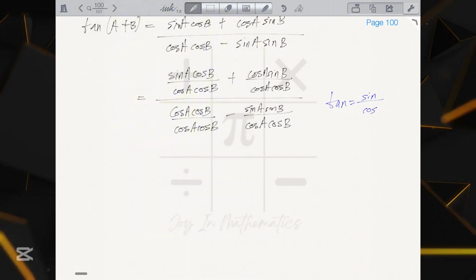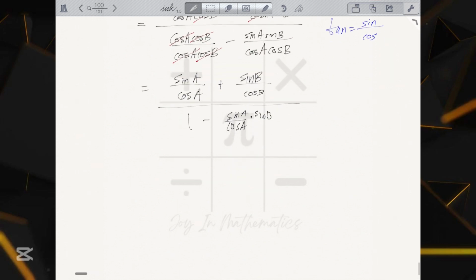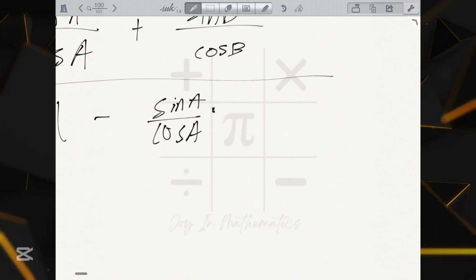We have sine A cos B divided by cos A cos B. Cos B nullifies cos B, and cos A nullifies cos A. So we are left with sine A divided by cos A plus sine B divided by cos B, all divided by 1 minus sine A divided by cos A multiplied by sine B divided by cos B.